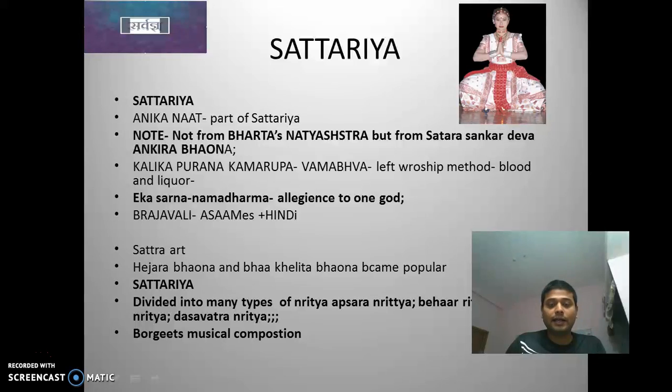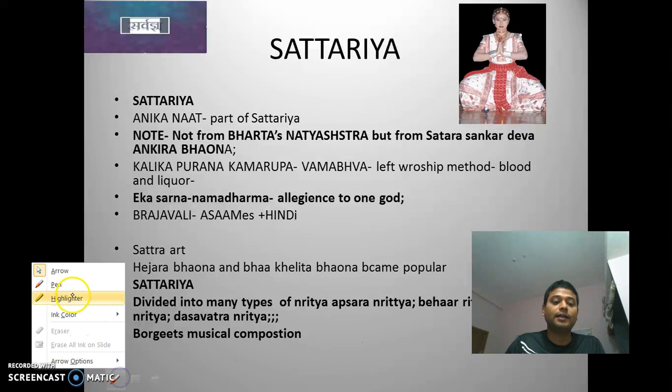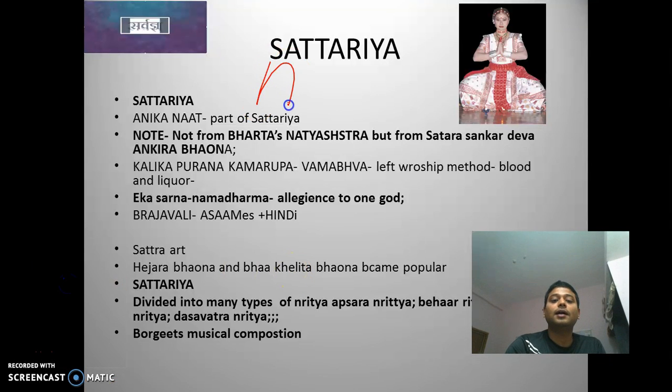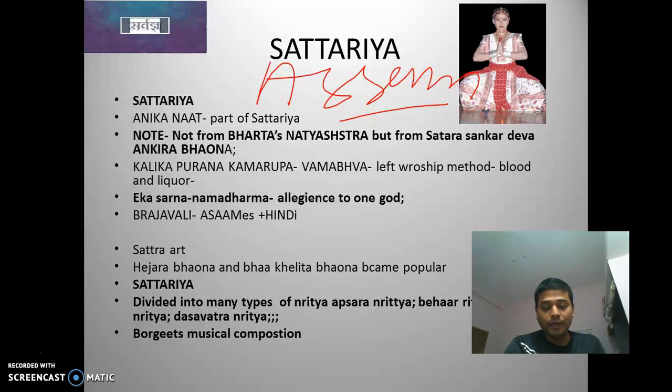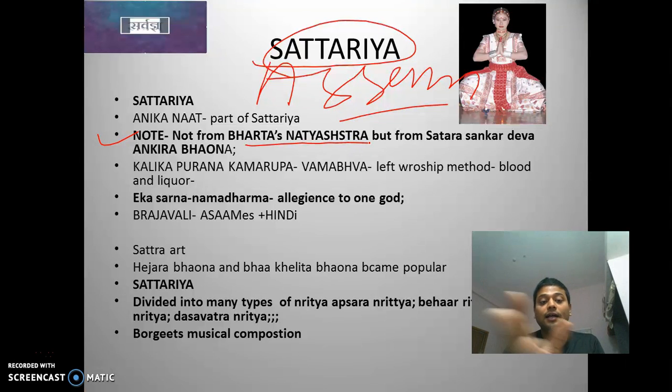Our next form is Satriya dance. Satriya dance, as I already told you in the previous video, is famous in Assam. Now, the uniqueness of this dance form is that it is not present in Bharata's Natya Shastra. As I told you earlier, most of the classical dance forms are elaborated in Bharata's Natya Shastra, but this form is not given in Bharata's Natya Shastra.